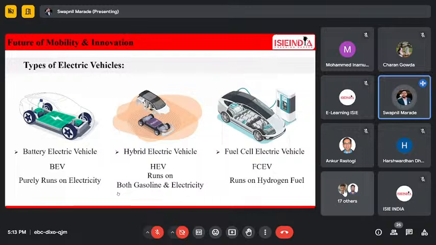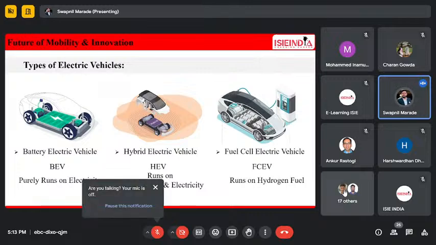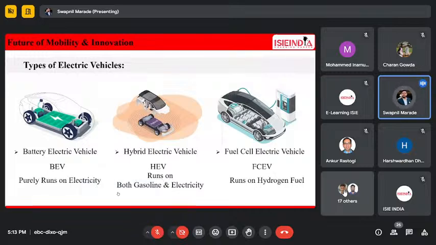Thereafter, the fuel cell electric vehicle, FCEV, which runs on hydrogen fuel; hydrogen fuel is converted into electricity and the vehicle runs. So these three types, BEV, HEV, and FCEV, are used in the electric vehicle industry.